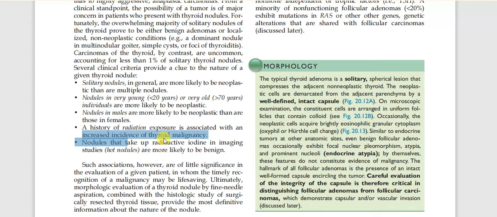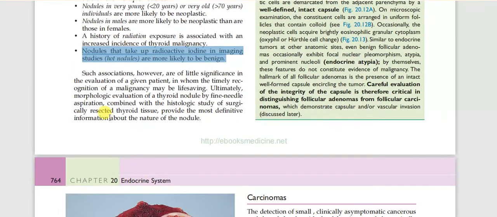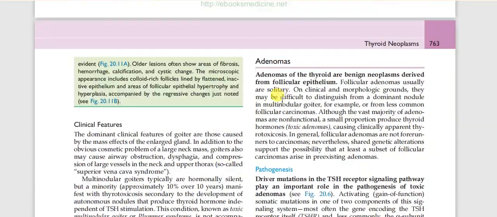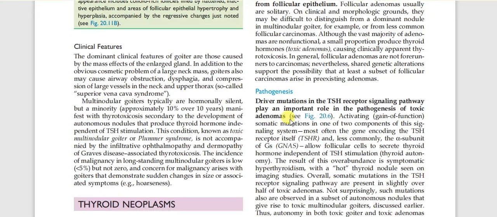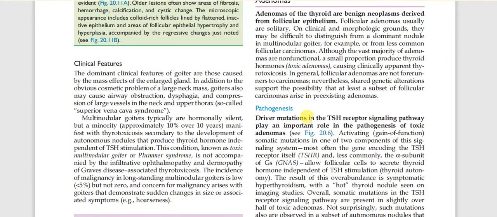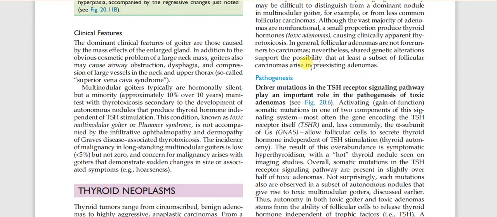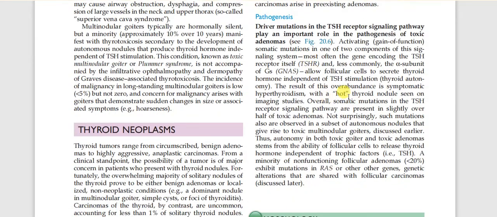Nodules that take up radioactive iodine in imaging studies are more likely to be benign. So there are adenomas. By the same reason we discussed in the pituitary gland, there might be different adenomas, hormone-producing or non-producing adenomas.